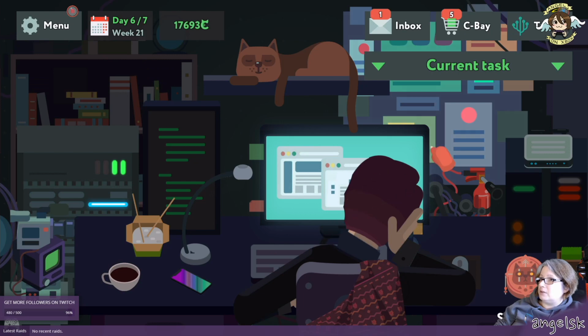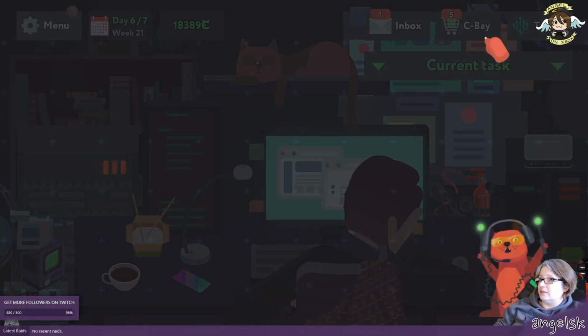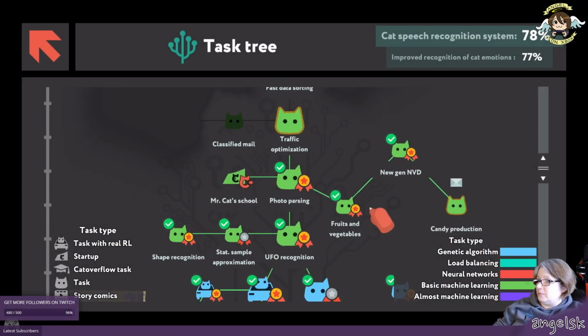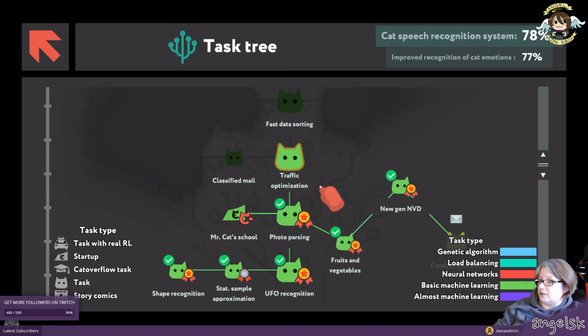We lost some money, but, you know, it's better than it failing again. Us losing all the money. Okay, so the candy production was making my head hurt.